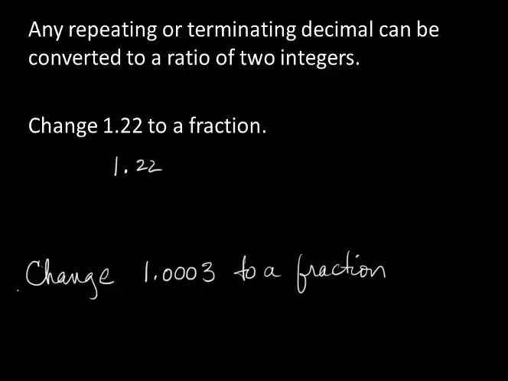We don't write it. So notice if I multiplied that by 100, I would get 122. So I'm going to multiply it by 100, but that would make it 100 times bigger. So I'm going to multiply it by 100 over 100, which is 1. Doesn't change a thing, and we get 122 over 100.